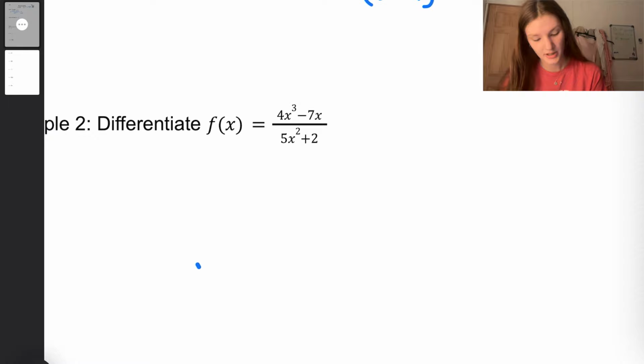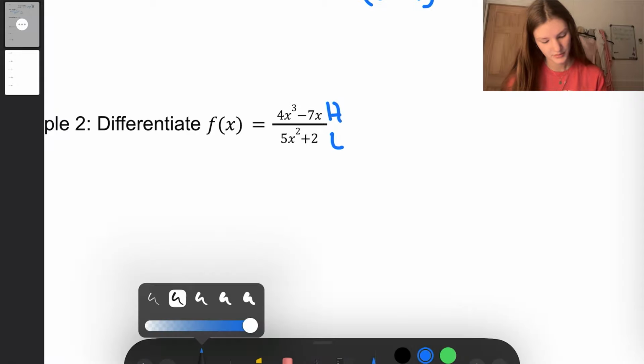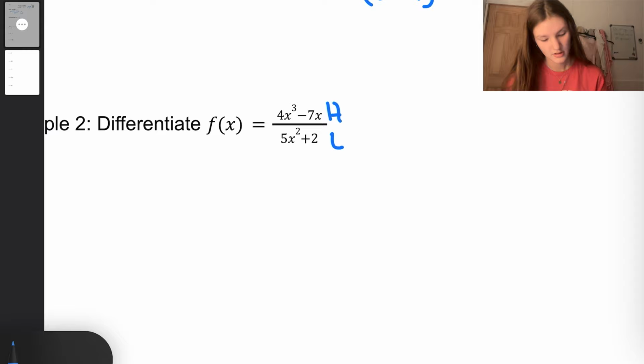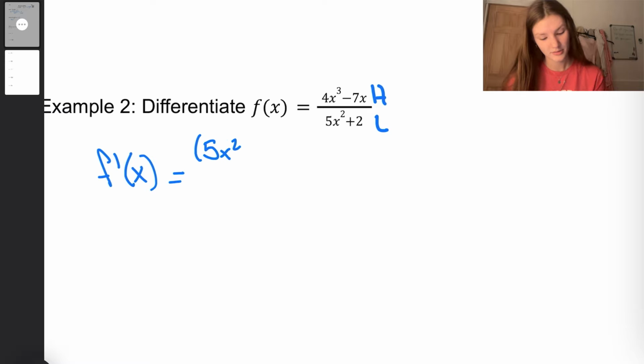Okay, this one's a little bit harder. Not really, though. This is going to be high and this is going to be low. Let me make this a little smaller so you can read my handwriting better. The derivative of f of x is equal to low, 5x squared plus 2, times the derivative of the high, and we use power rule.